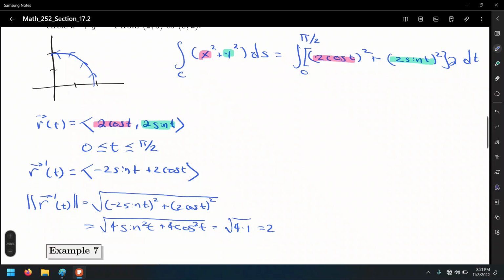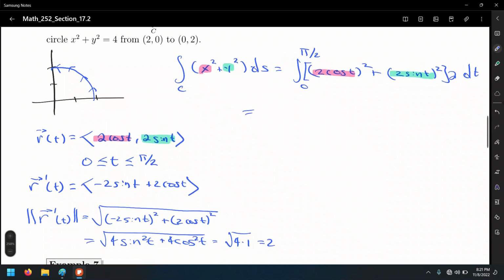And well, that's going to be something similar to our radicand here, integral from 0 to pi over 2 of 4 cosine squared t plus 4 sine squared t times 2 dt. And this will be the integral, okay, cosine squared plus sine squared, that's 1, but times 4, well, let me factor out the 4.